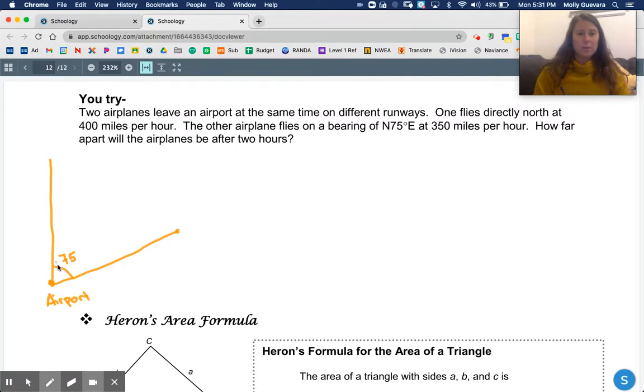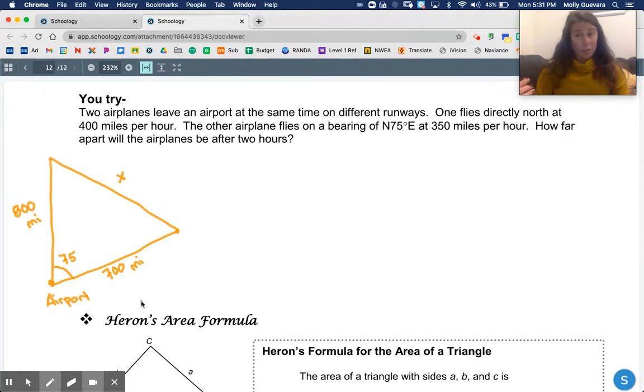So this one, if it's going 400 miles per hour, then it has gone a total of 800 miles. And then this one is going 350 miles per hour, so that's gone a total of 700 miles. And I want to know, how far apart are they? Just call it X, right? I want to know how far apart.